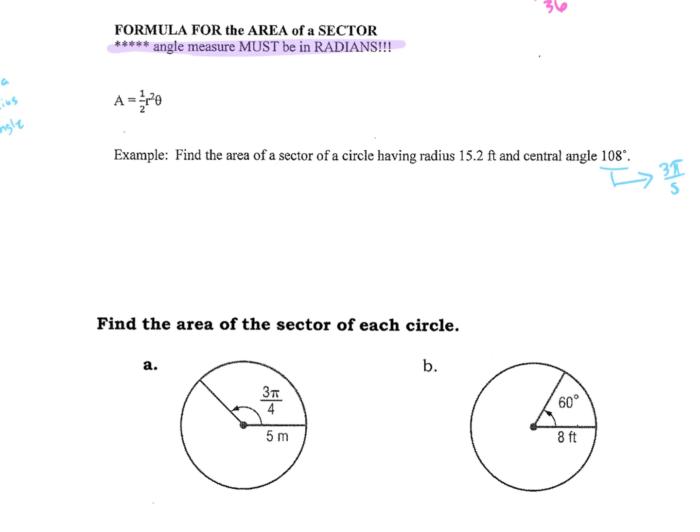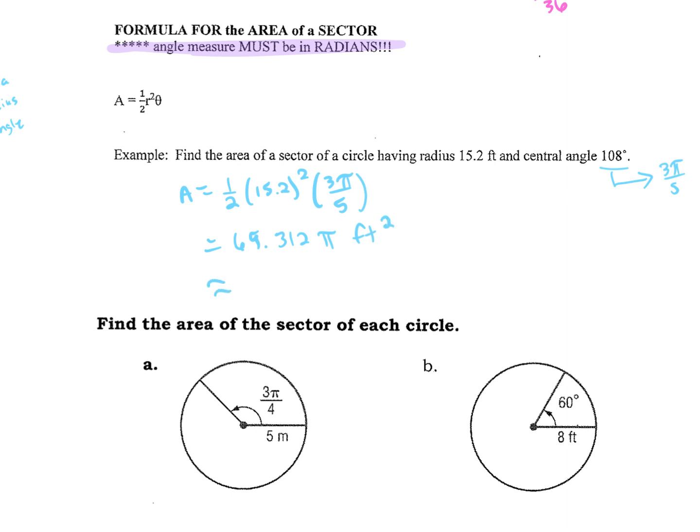Okay, so to plug in and find the area, we're doing 1/2 times 15.2 squared times 3 pi over 5. You do have to be a little more careful in plugging in on your calculator for that. Let's see, what do I get here? For the exact answer, we get 69.312 pi feet squared.